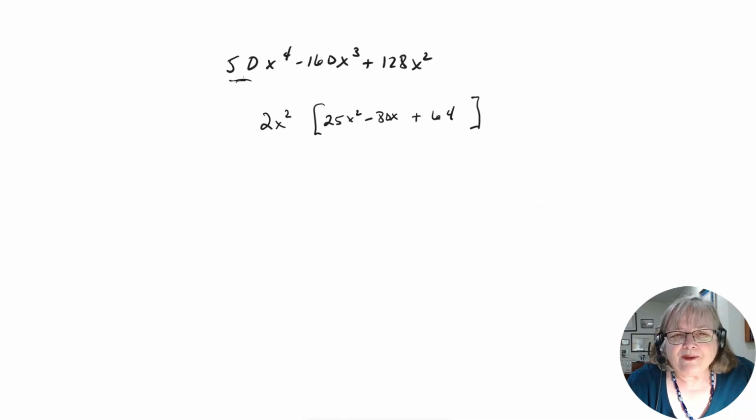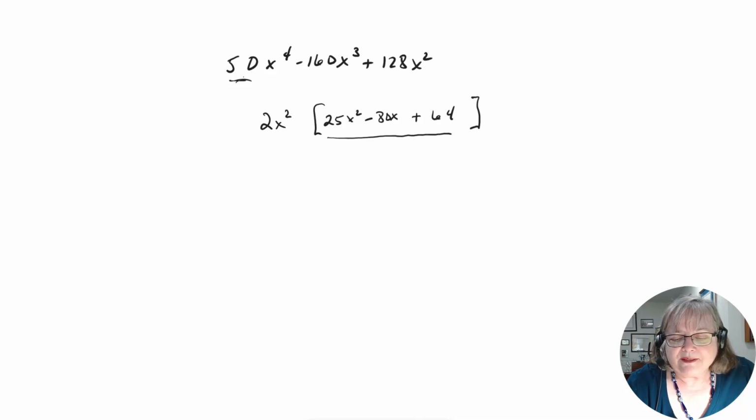So I'm going to demonstrate for you something that students do that ends up kind of costing them some partial credit points. I want you to see if you can figure out what it is that's going on. Okay, so let's look at this, and you have 25x squared minus 80x plus 64.